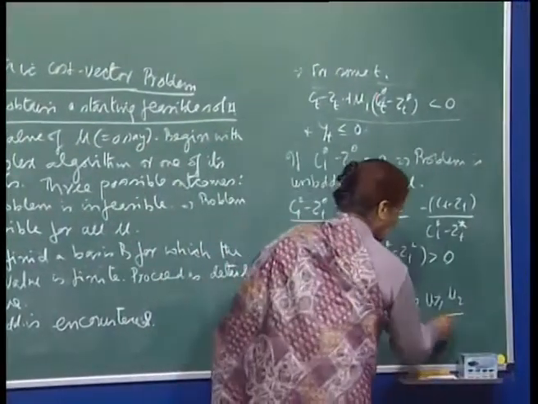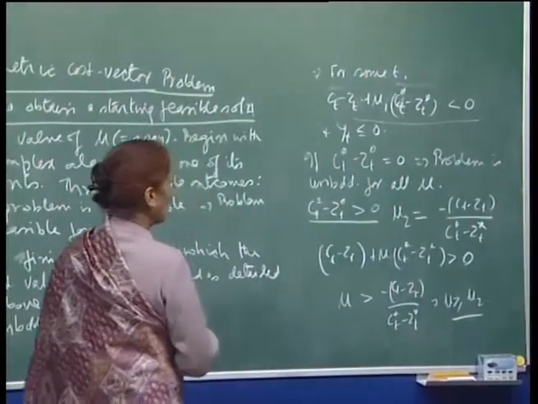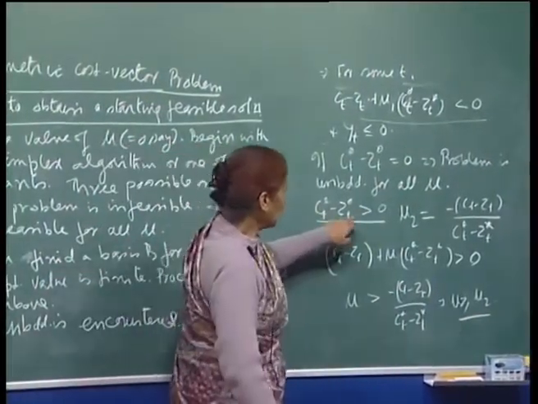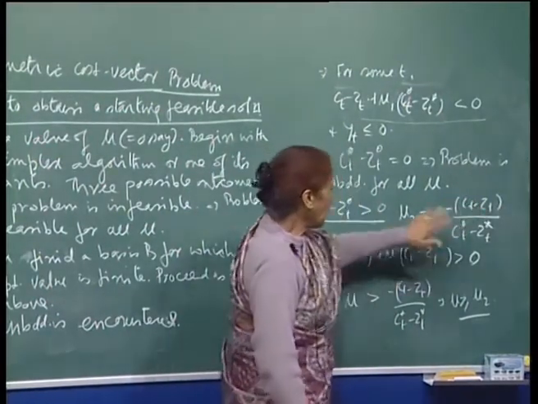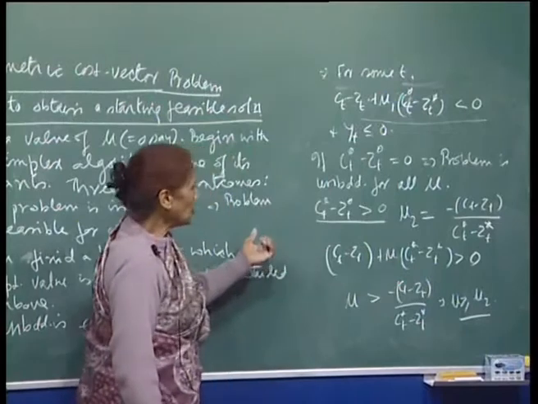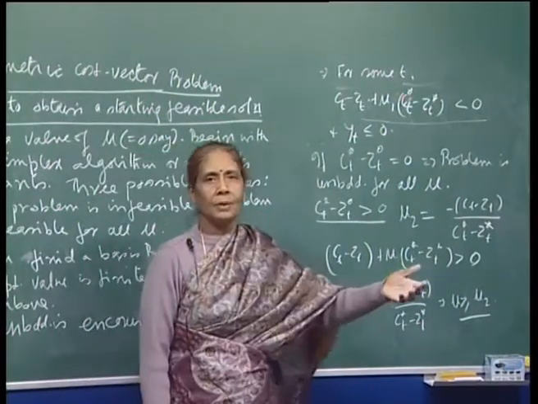So this is it, and of course, similarly you can argue for Ct star minus Zt star less than 0. In that case, your mu2 again will be this number, but then for mu less than mu2 you can proceed with the simplex algorithm.